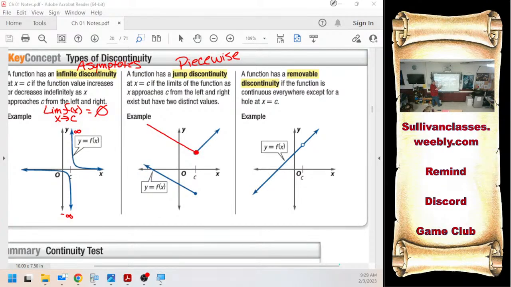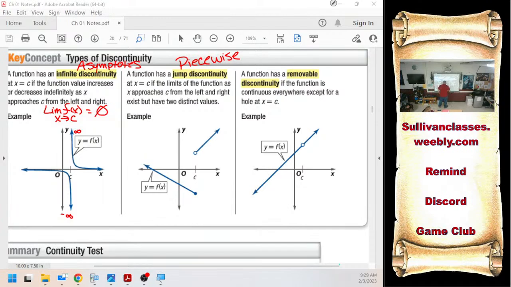Can I still make the graph without picking up my pencil? Yeah, I could. So just because it's piecewise doesn't mean it has to be discontinuous. But the only way that you get jump discontinuity is with a piecewise function, because you're going to jump from one rule to the next.